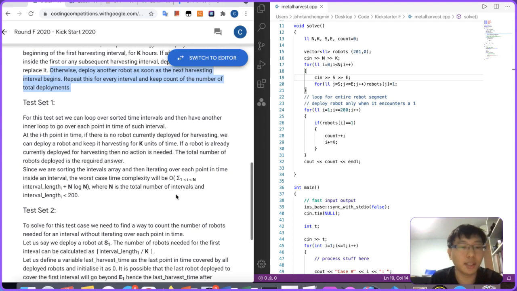This sounds like what I did though. There's no robot currently deployed for harvesting: can deploy robot, keep it harvesting for k units of time. A robot is already currently deployed: no action is needed. Okay.